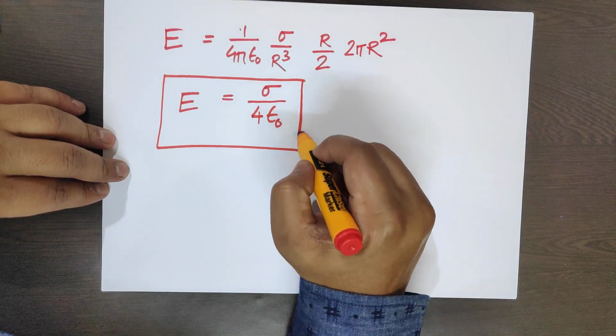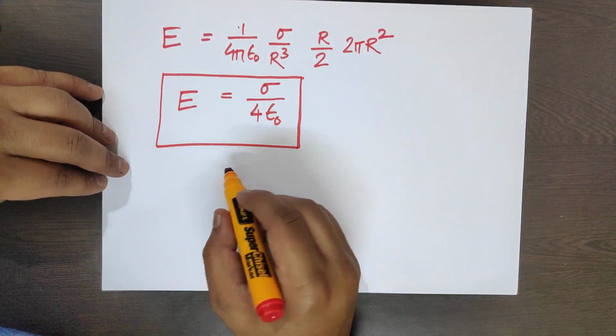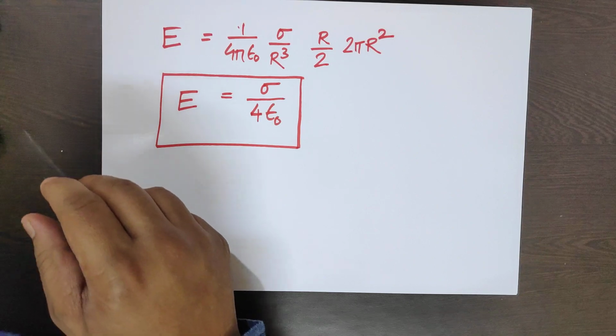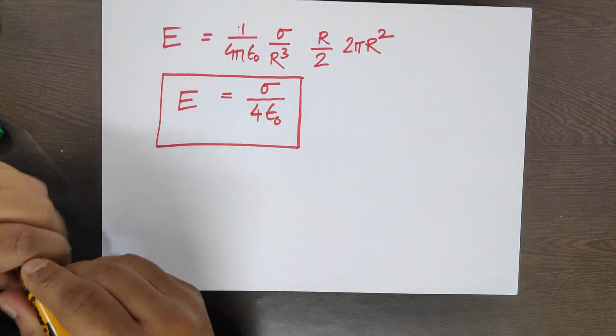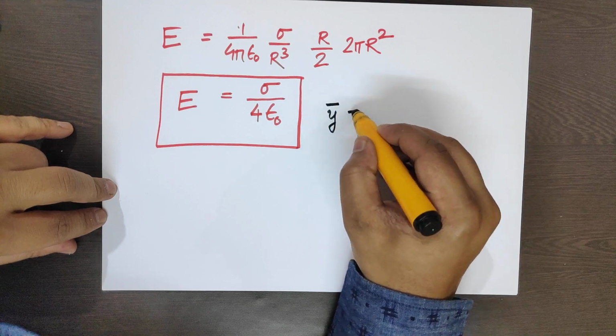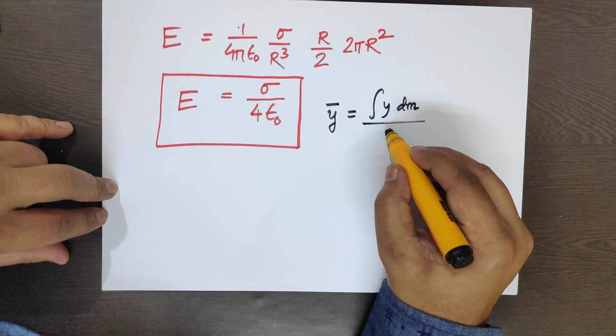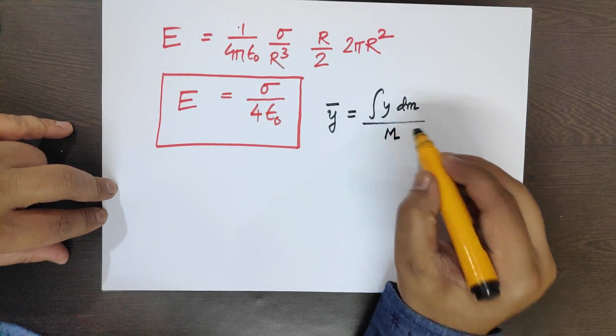Now I think you can guess how we have calculated this y bar. Why have we calculated y bar? Y bar means coordinate of the center of mass. So y bar is equal to integral y dm divided by m, the total mass.